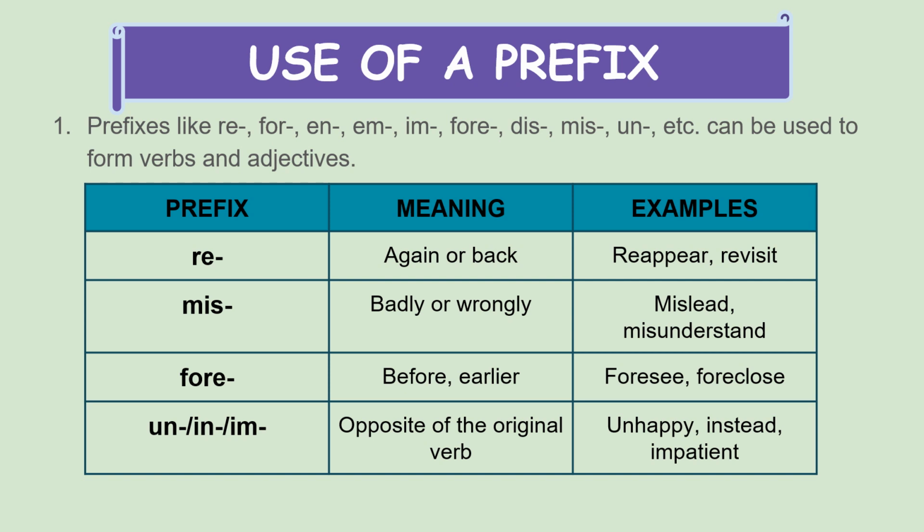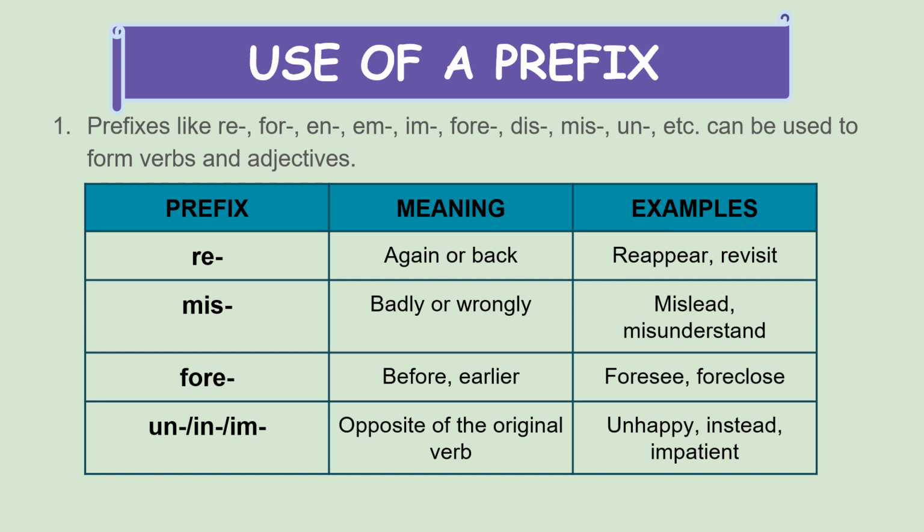Let's understand this use with some examples. When re is added with appear, it becomes reappear. When it is added with visit, it becomes revisit. And the prefix re means again or back.